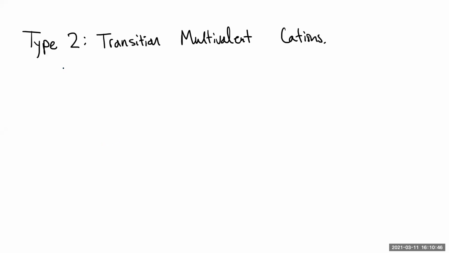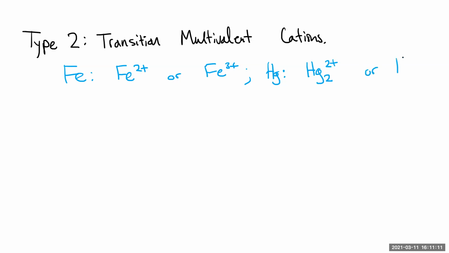So a couple of examples of those, of course, are, for example, iron has the possibility of being iron 2+ or iron 3+. Another example being mercury, and I, of course, enjoy looking at this one because it is such an interesting one. Mercury 1 is mercury subscript 2, 2+, and mercury 2 is simply mercury single particle. Well, they're both single particles, but single atom within this particle 2+.